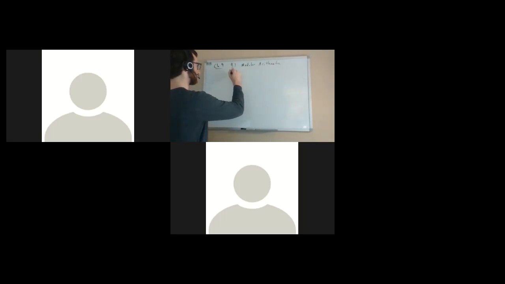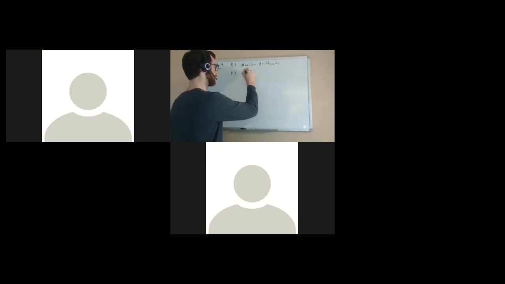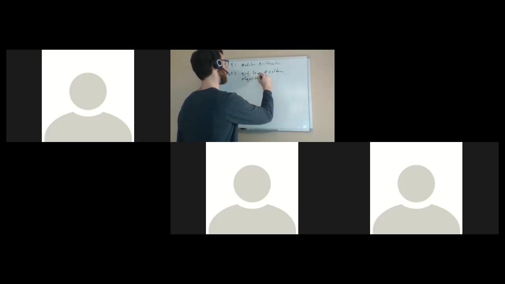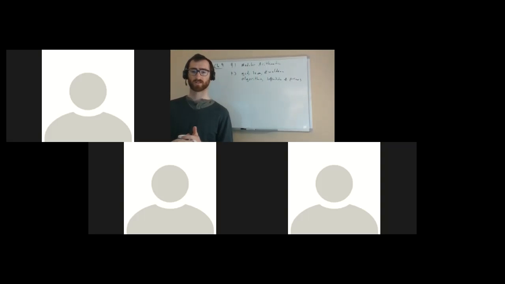And then 4.3 had a lot of stuff: GCD, LCM, the Euclidean algorithm, and the infinitude of primes. I think these are more or less the topics that I covered in the previous 2 lectures, with a little bit spilling over onto today's video. So does anyone have any questions on these topics?